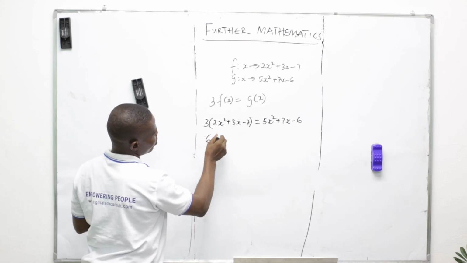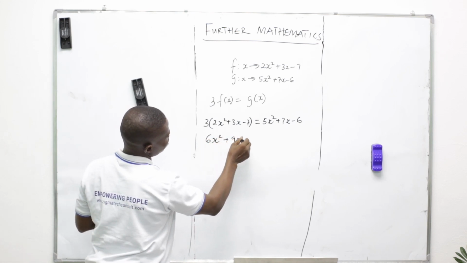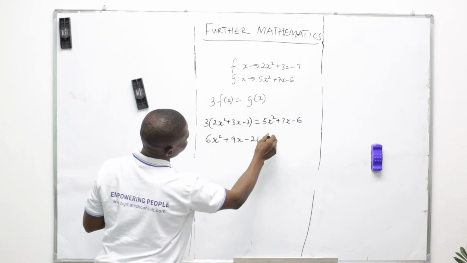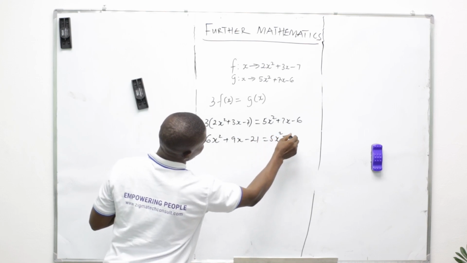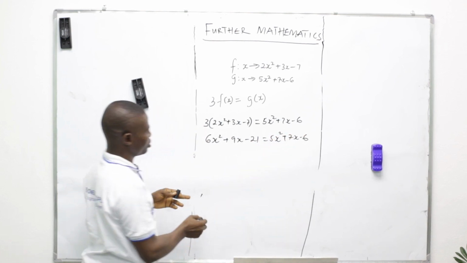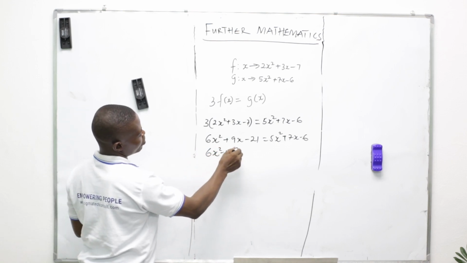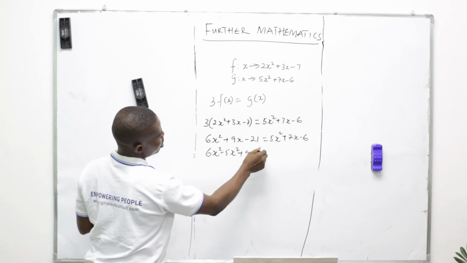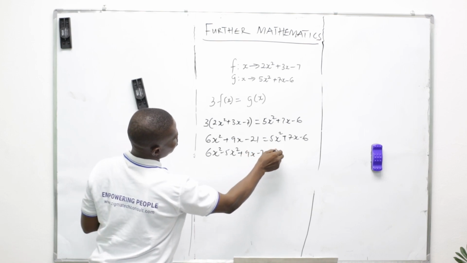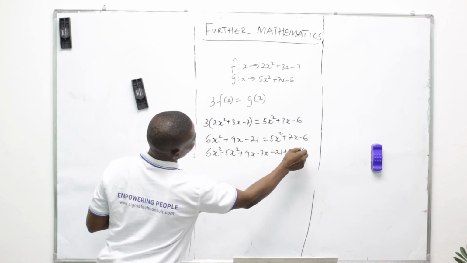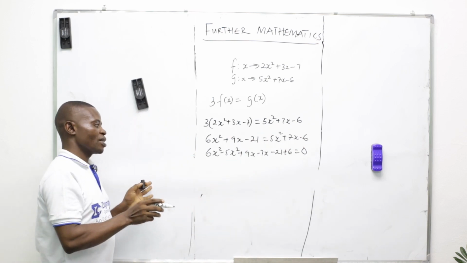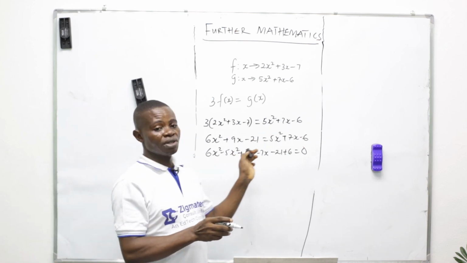This is 6x² + 9x − 21 equals 5x² + 7x − 6. So that 6x² − 5x² + 9x − 7x − 21 + 6 will be equal to 0.